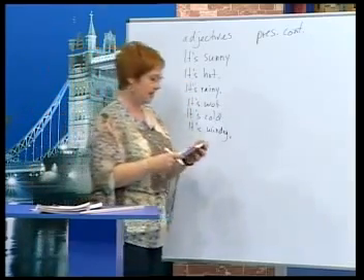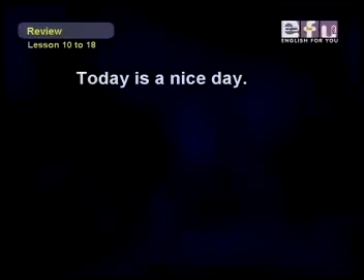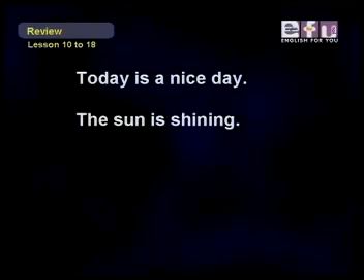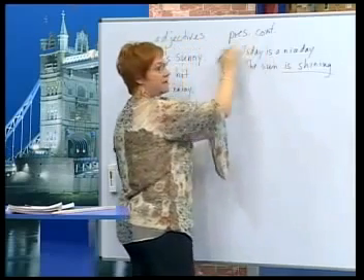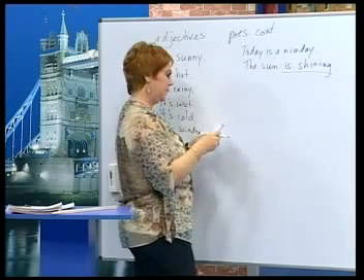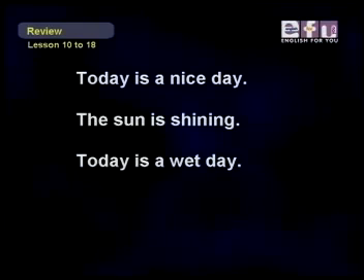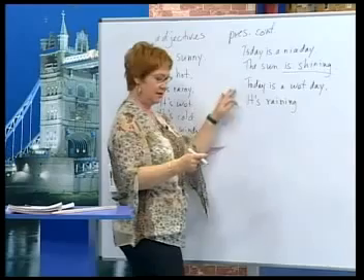We can also say something like this. Today is a nice day. The sun is shining. So here we have the present continuous. We could say today is a wet day. It's raining.